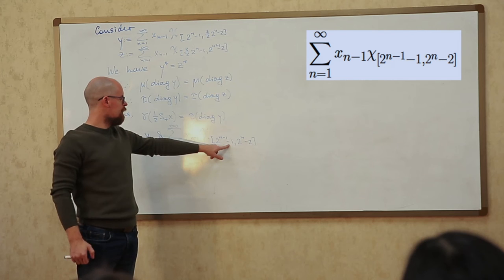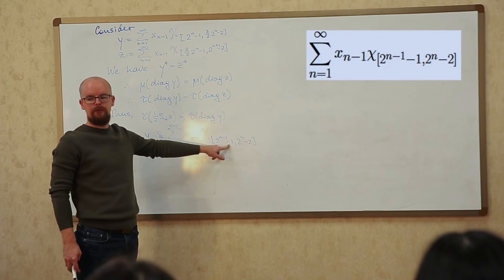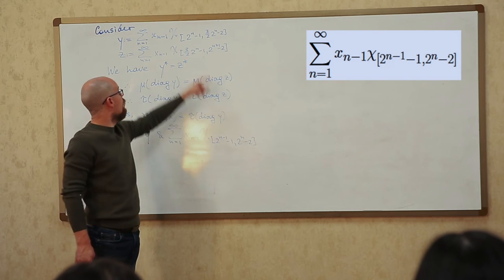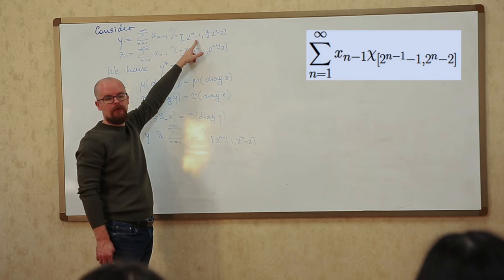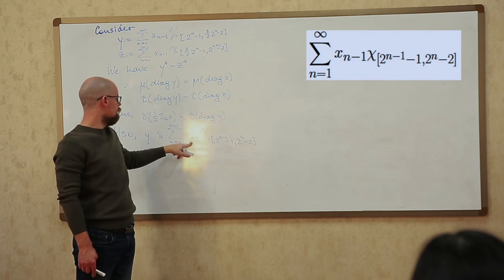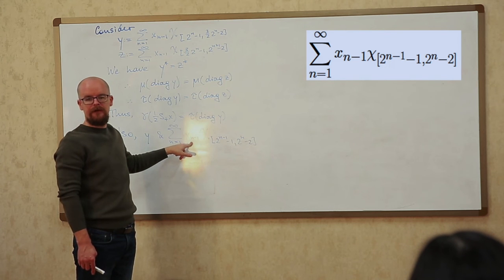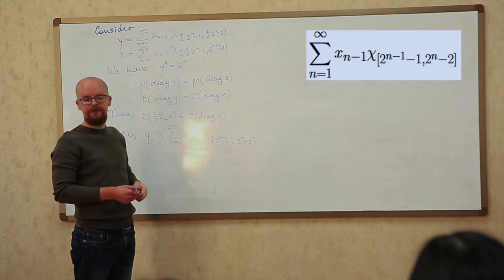So again, the length of this interval is 2 to the power of n minus 1, and it's exactly the same length as in the definition of the sequence y. And also over this block, this sequence equals x_{n-1}. So these two sequences are again the permutations of each other.